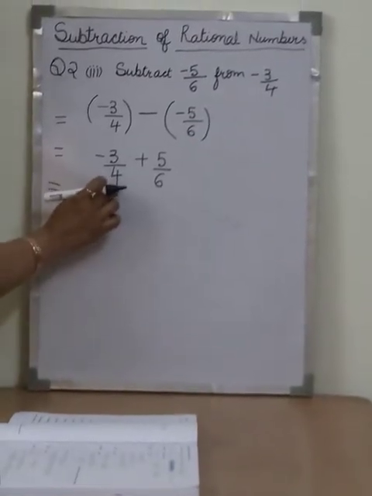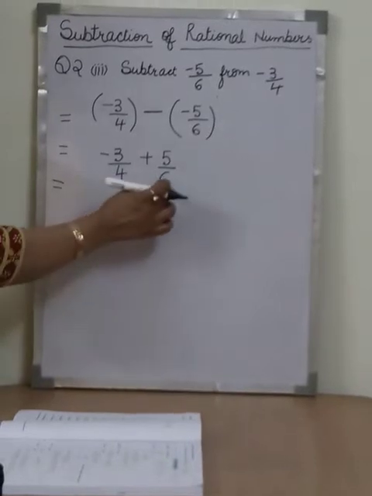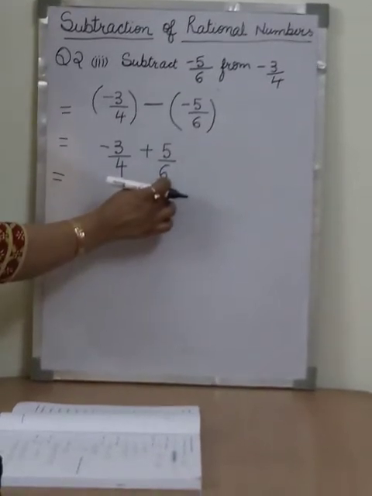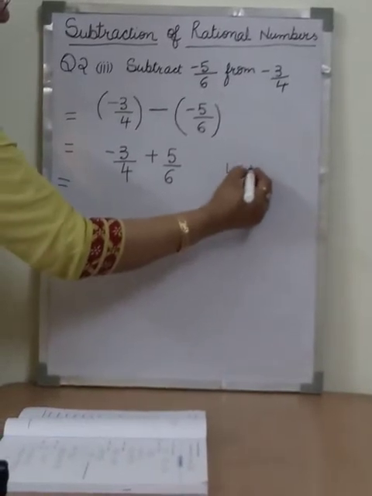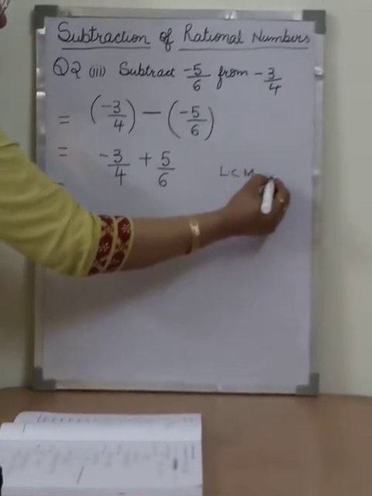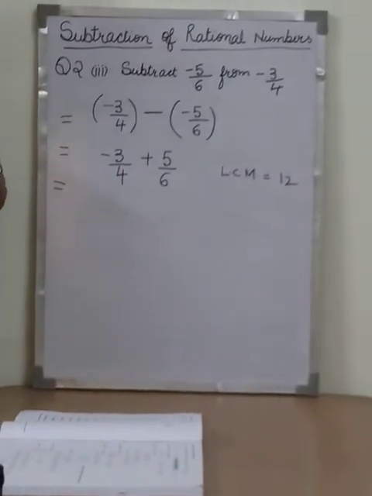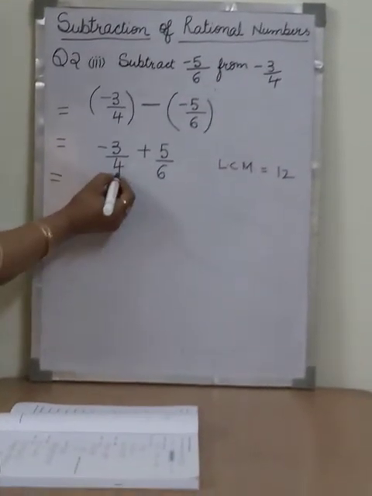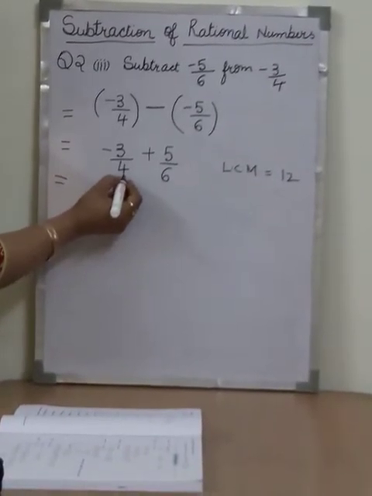So we have written the expression. Now this first rational number has 4 in the denominator. Second rational number has 6 in the denominator. So we find the LCM of 4 and 6. LCM of 4 and 6 is 12. I know verbally. You can calculate in your rough column. What to be multiplied with 4 to get 12?